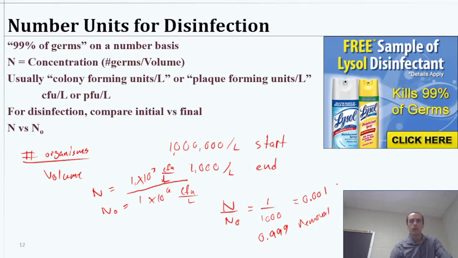So if 0.001 was remaining, then 1 minus that is the removal, and we can convert that if we want to 99.9% killed.